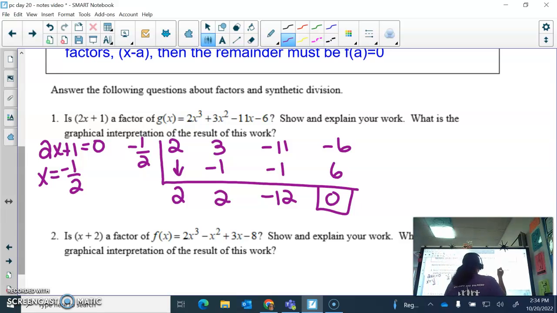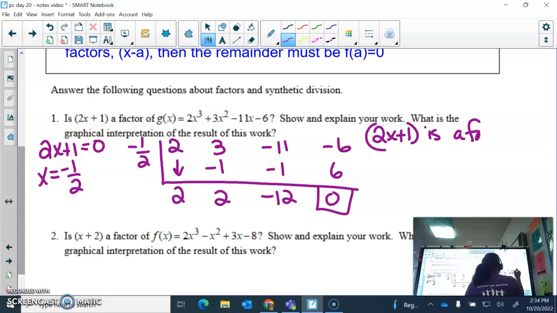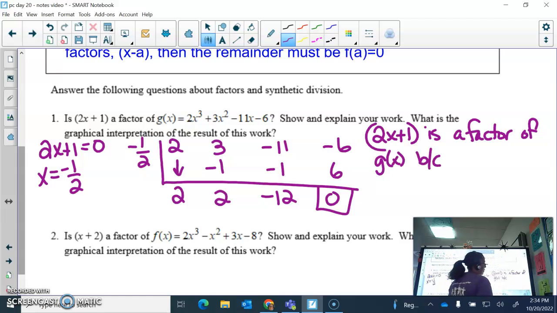So 2x plus 1 is a factor of the function g of x because the remainder is 0.